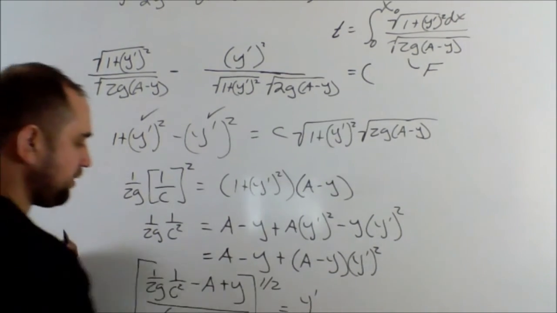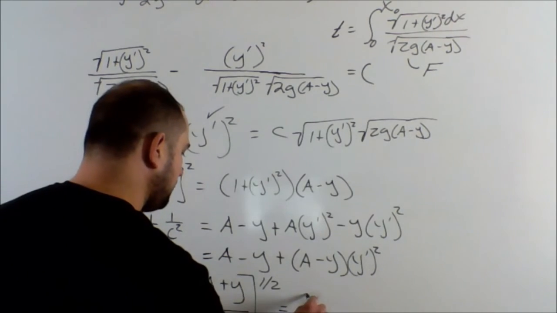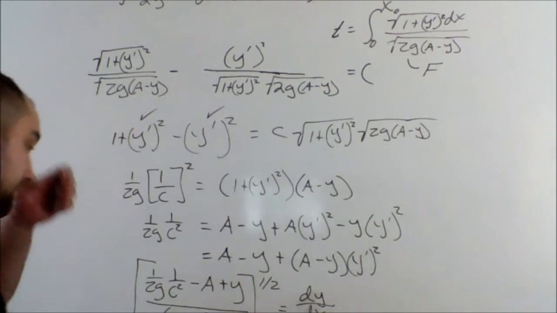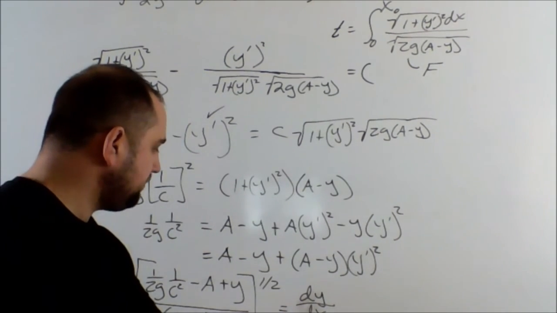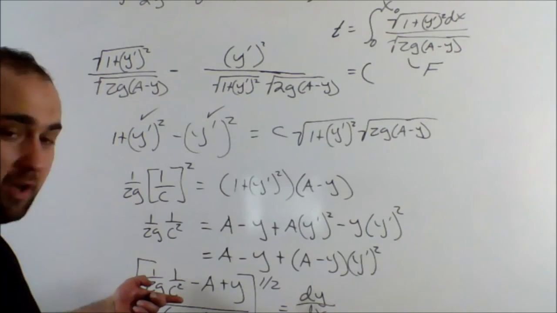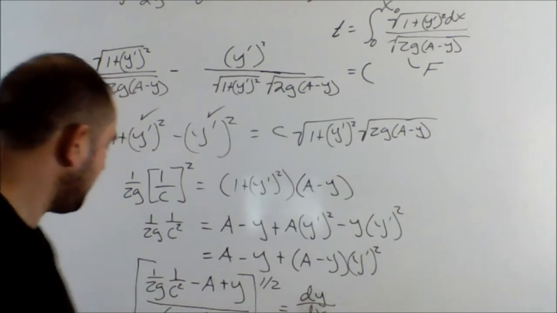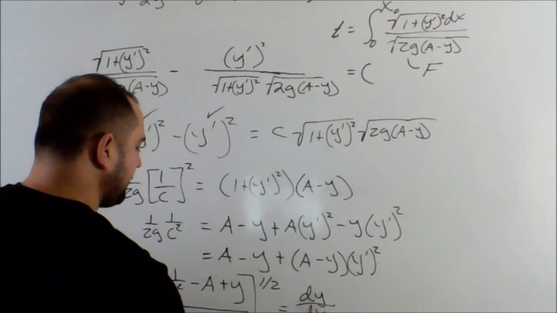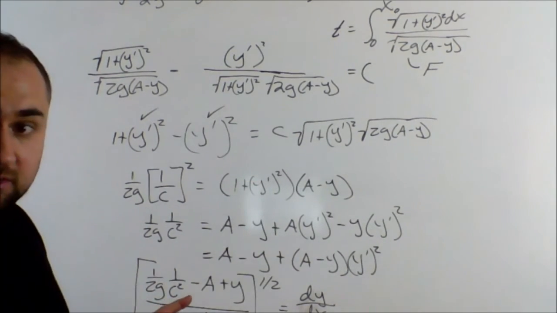Okay, so now if I rewrite this as dy over dx, then all I have to do is multiply by dx and divide by this term here, and that would give me a function that's only dependent on y and a function that's only dependent on x, and I can integrate both sides.